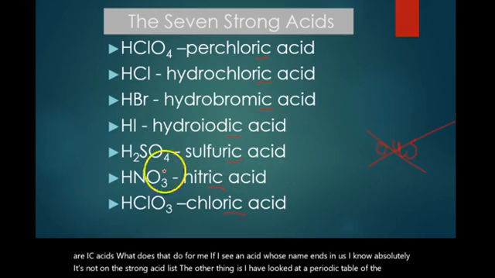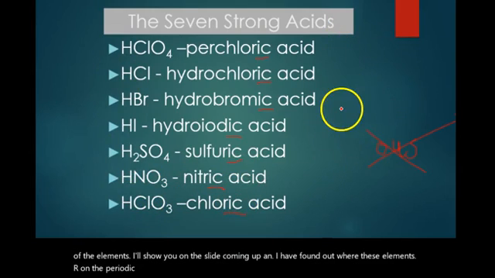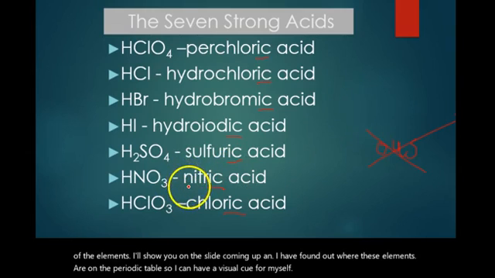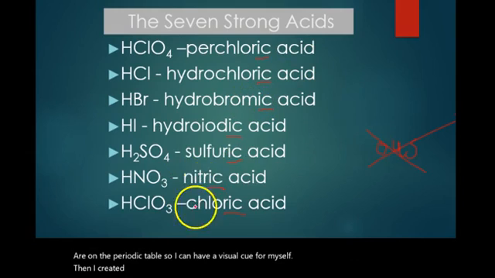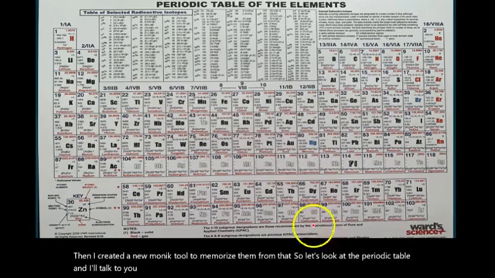I'll show you on the slide coming up, and I have found out where these elements are on the periodic table so I can have a visual cue for myself. Then I created a mnemonic tool to memorize them from that. So let's look at the periodic table and I'll talk to you about how to memorize them.